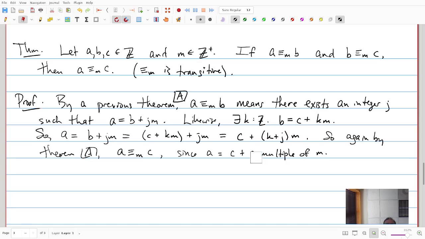I should say, if I say a multiple of m, it looks like the letter A. That's confusing. Or I could just say C plus some integer times m. Right, because K plus J is certainly an integer.